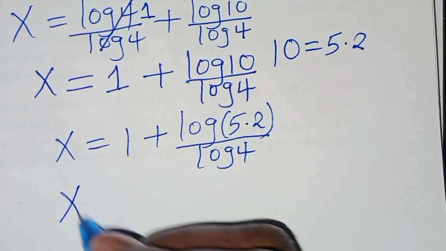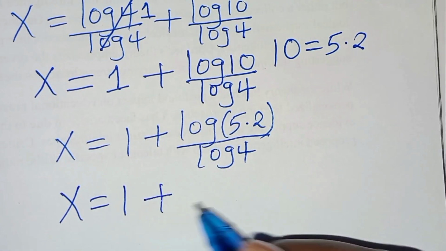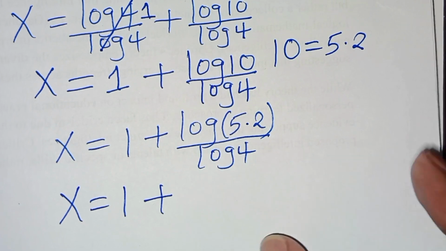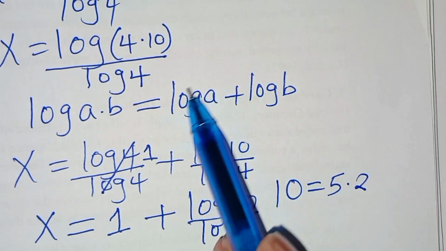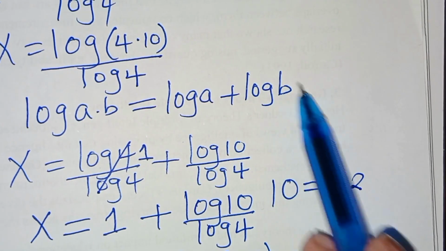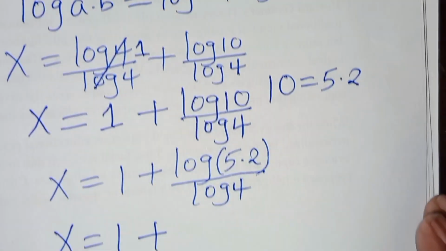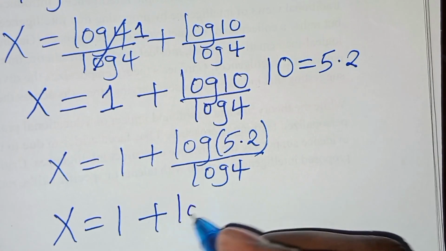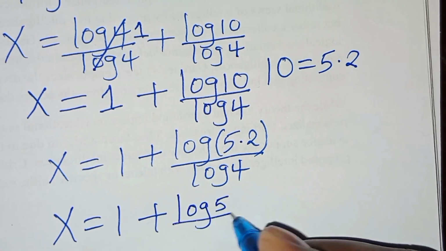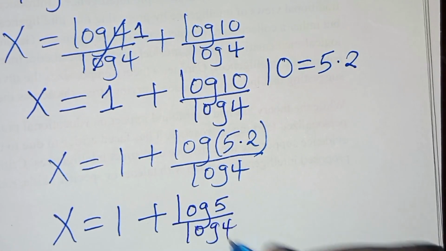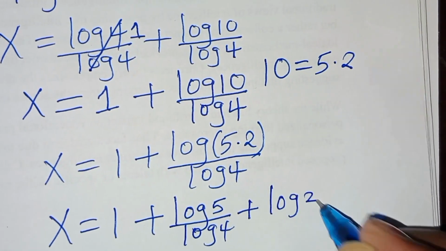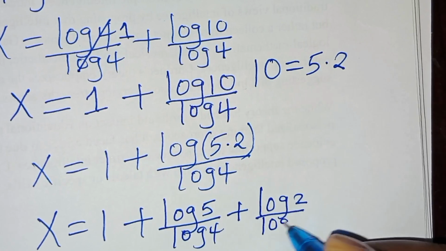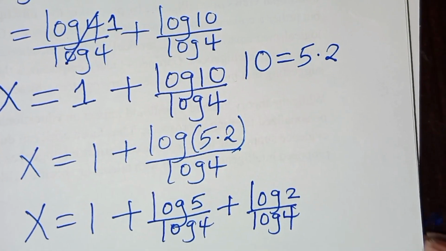Now log 5 times 2 is in the form of log a times b, which we can express as log a plus log b. So here we have log 5 divided by log 4, then plus log 2 divided by log 4.